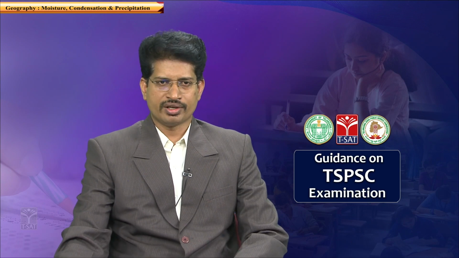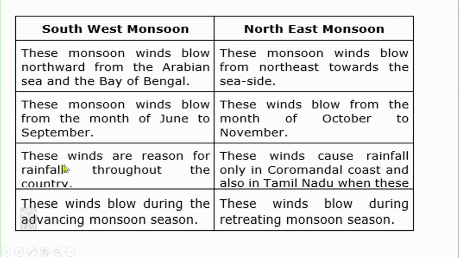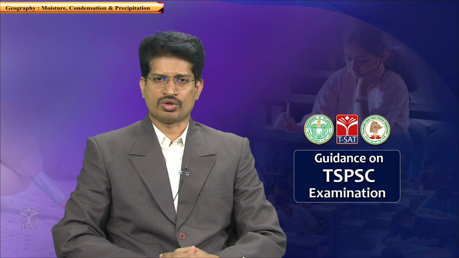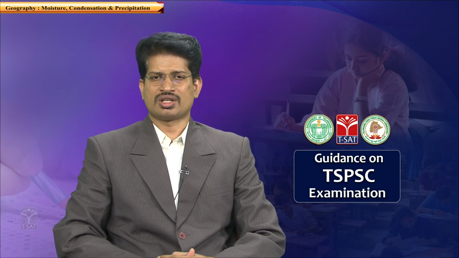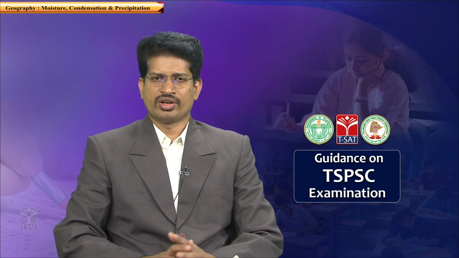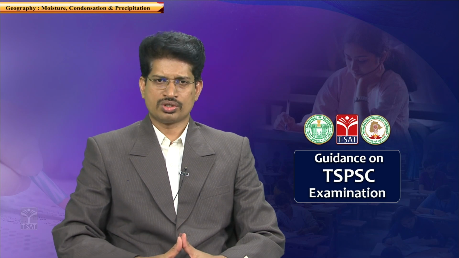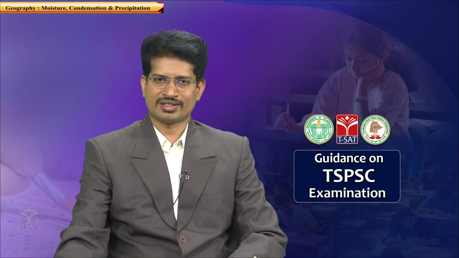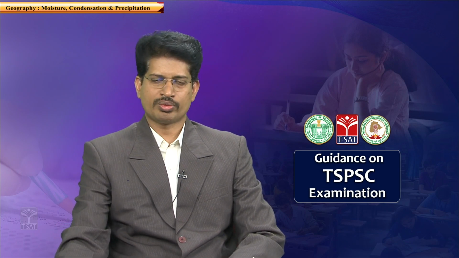The third variant of question is which winds are the reason for the rainfall throughout the country. The southwest monsoons are responsible for rainfall throughout the country, but that is not the case with northeastern monsoons. The northeastern monsoons are responsible for rainfall in regions more concentrated towards Tamil Nadu, east of the Eastern Ghats, the Coromandel coast region.